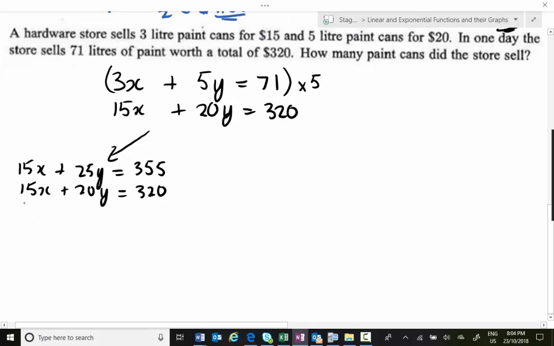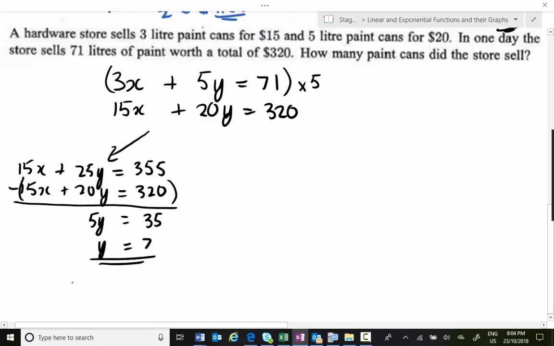If I take those two equations from each other, remember I should put a bracket around that, 15x take 15x is 0, 25y take 20y is going to be 5y, and 355 take 320 is 35. So therefore y is equal to 7. 35 divided by 5.